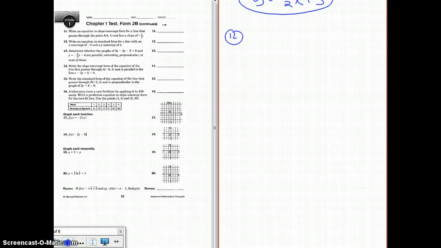Number 12, we want to write it in standard form. Standard form is ax plus by plus c equals 0.